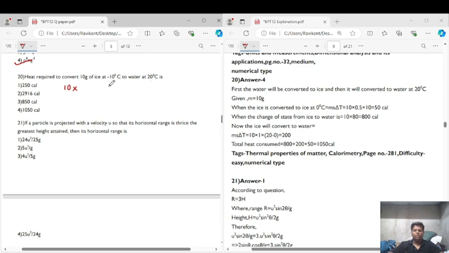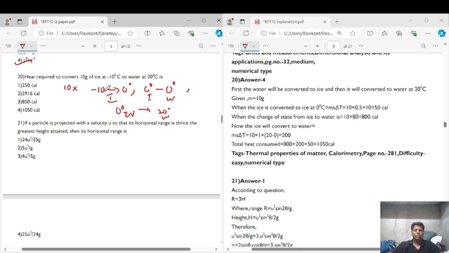So there are three phases. First, from minus 10 degree centigrade to 0 degree centigrade, it is ice. Second, from 0 degree ice to 0 degree water, and the third phase is from 0 degree water to 20 degree water.